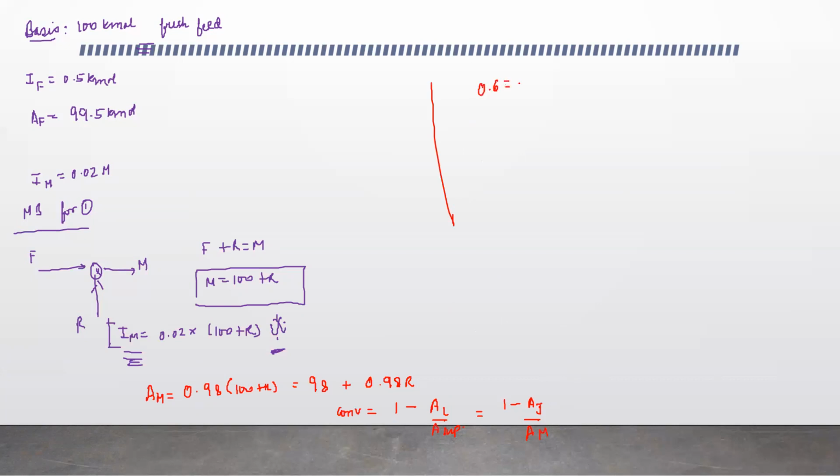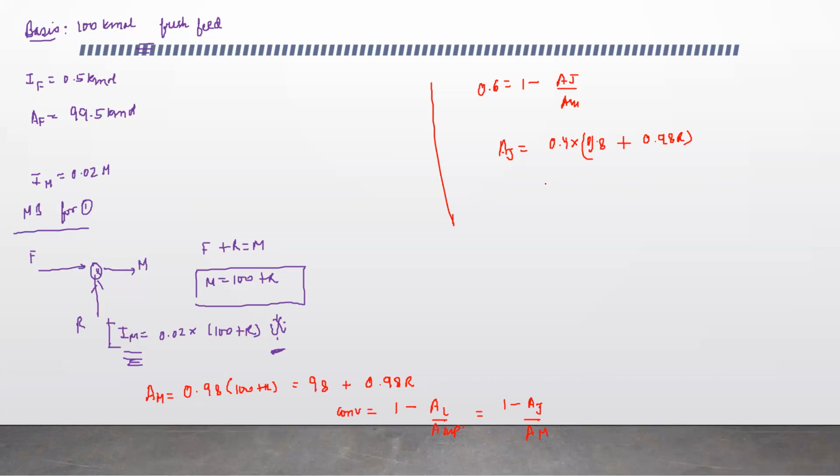So we have 0.6 is equal to 1 minus Aj upon Am. So from here you get Aj, that is whatever the A is left. It is 0.4 into 0.98 plus 0.98 R. All right, this is the A that is left.